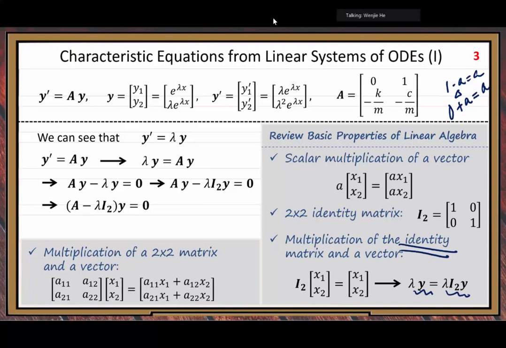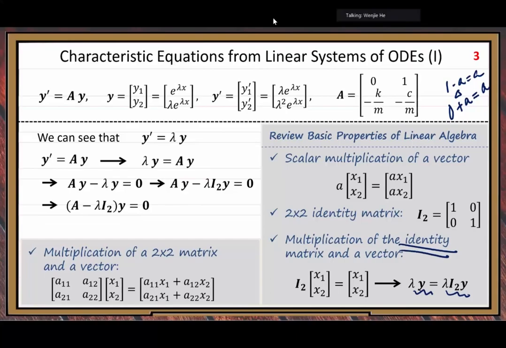Now we have this new linear system. A certain 2 by 2 matrix inside parentheses. Certain matrix times a y vector equals 0. What can we get here? So in linear algebra, in this case, what conclusion can we get?